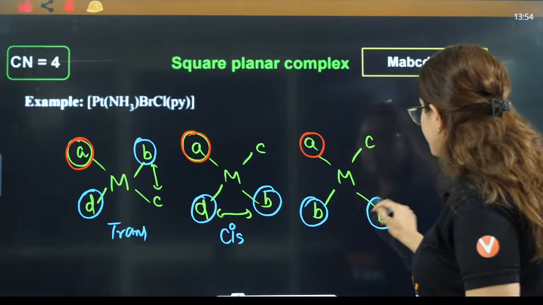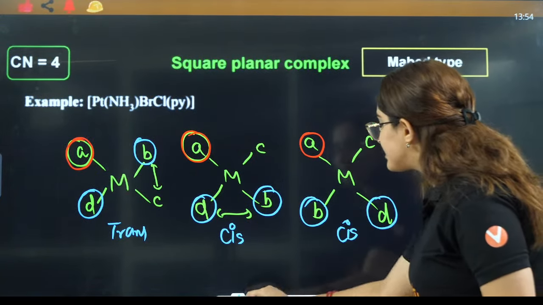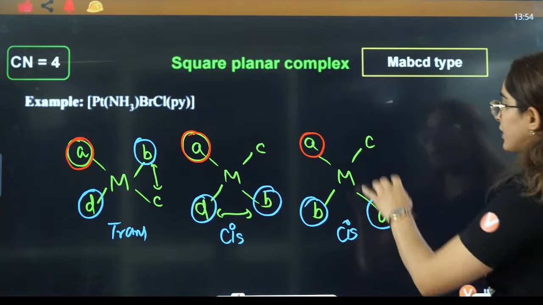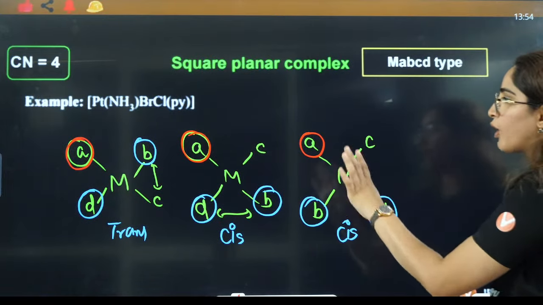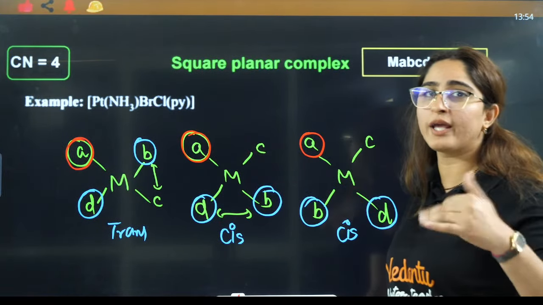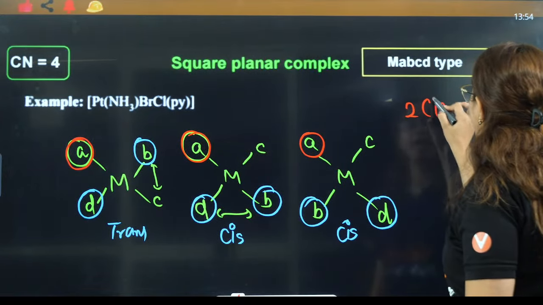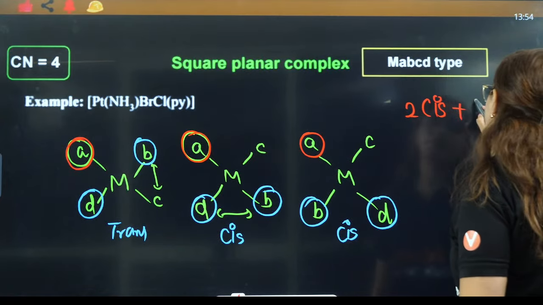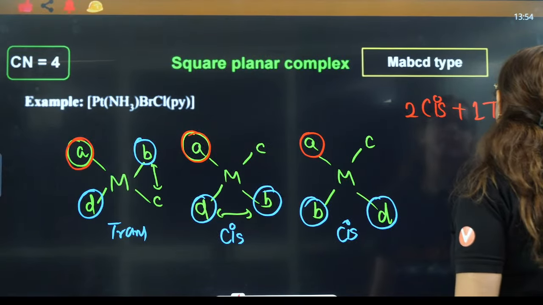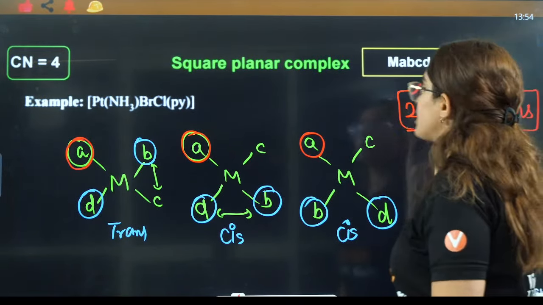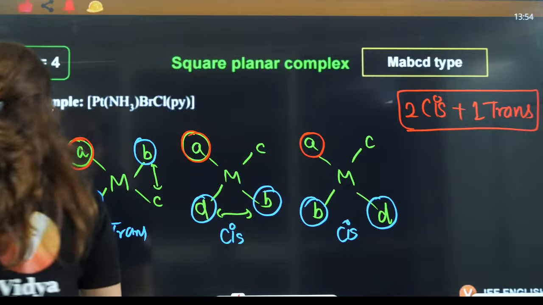Whether you take D and C as same or A and C as same or A and B as same, there will always be two cis and one trans here. Always 3 GI will be present, 2 cis and 1 trans.